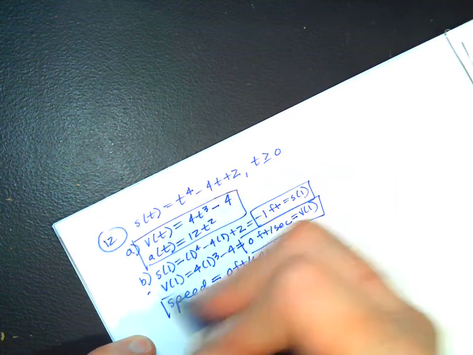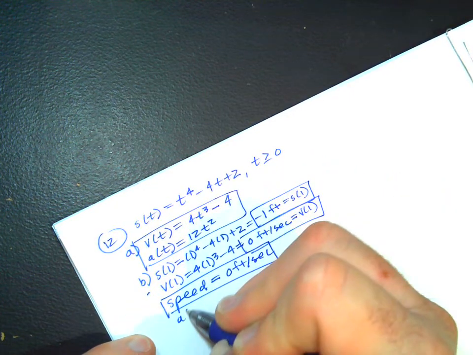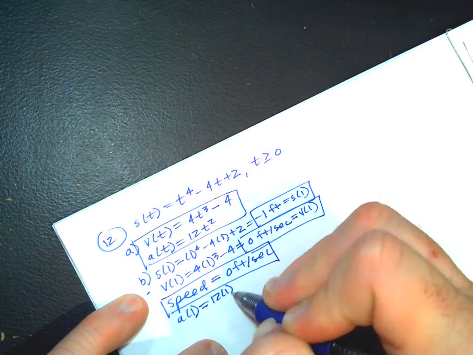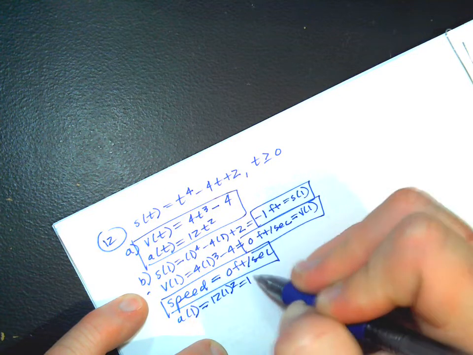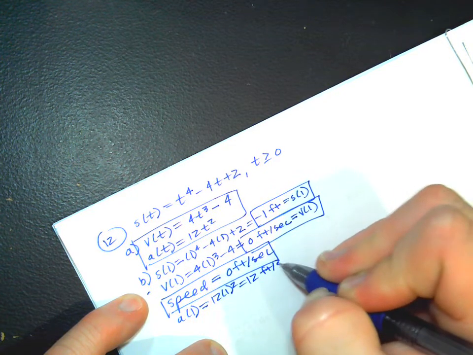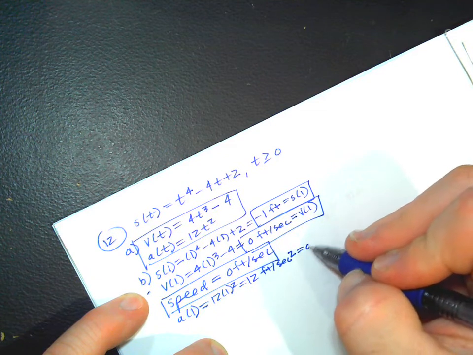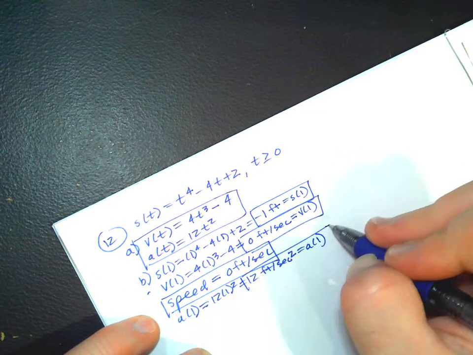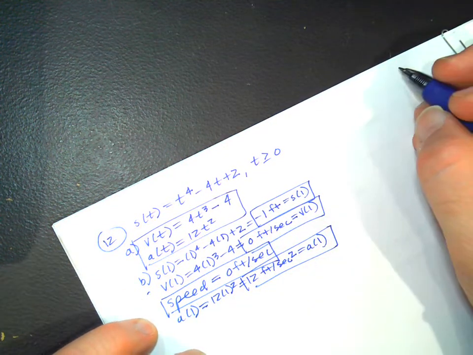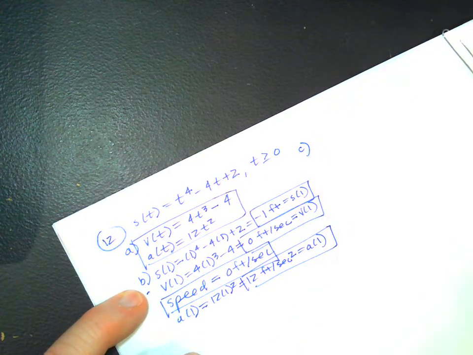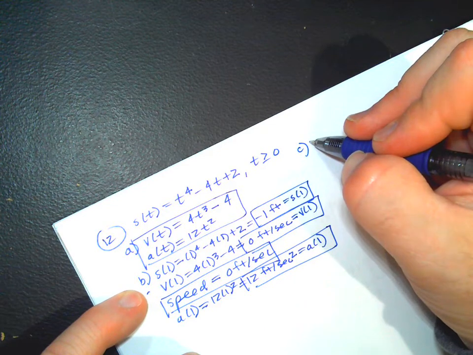And then acceleration at time 1, and so that's going to be 12 times 1 squared, so it's going to be 12 feet per second squared. That's acceleration at time 1. And then C was wanting to know when the velocity is 0, when the particle is stopped.